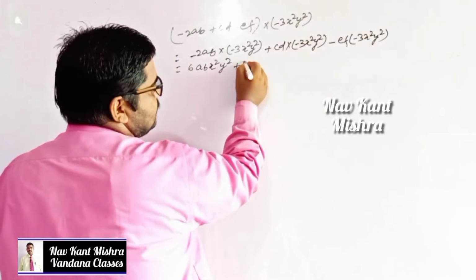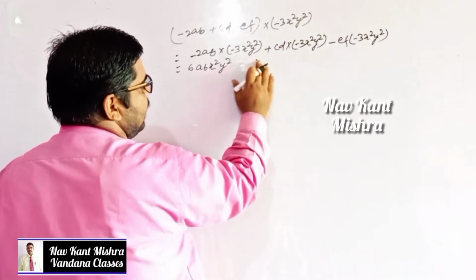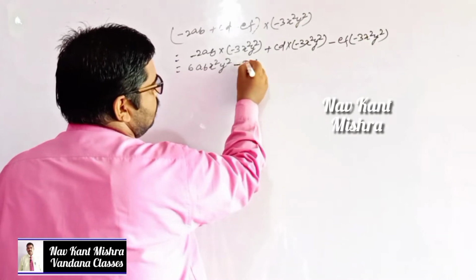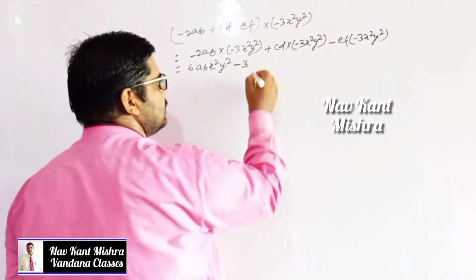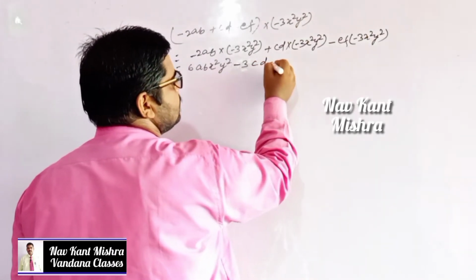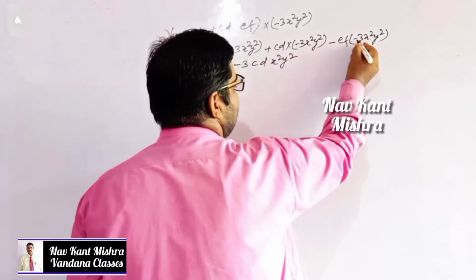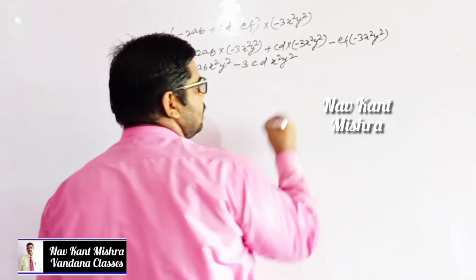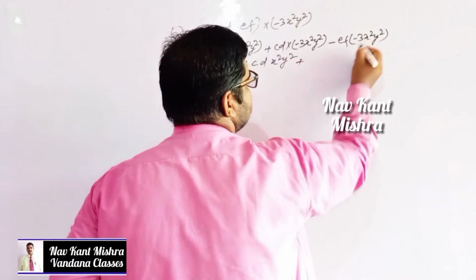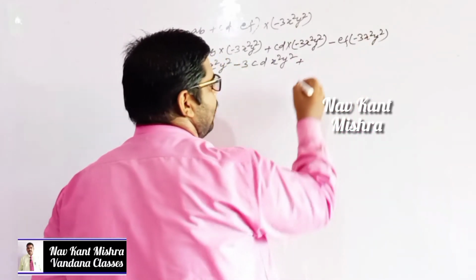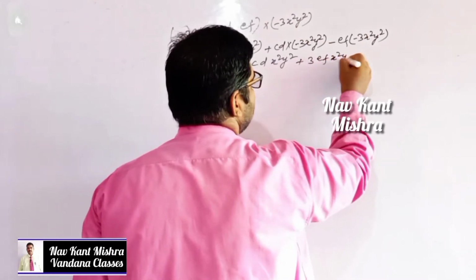So either you write here in brackets minus 3, or some students can change it and write minus 3 directly, and after that you have to multiply its literals, and when you multiply then you get cd x square y square, in this case minus and minus, when you multiply then it converts into a plus, and when ef is multiplied by 3x square y square, then you get 3ef x square y square.